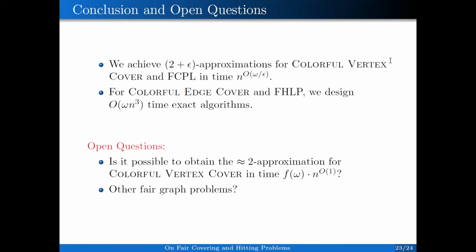The first question I would like to pose is, is it possible to obtain the two approximation with better dependency on omega in the running time? For example, is it possible to obtain the two approximation in FPT time parameterized by omega?